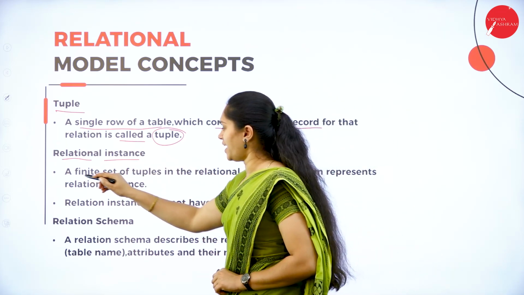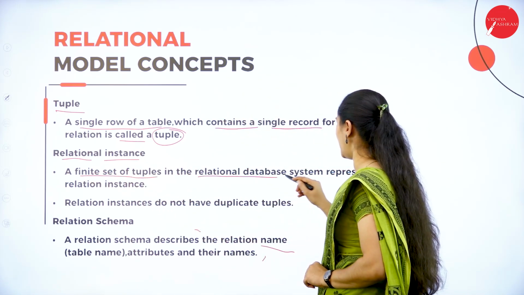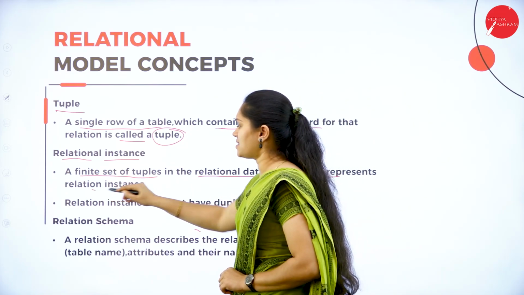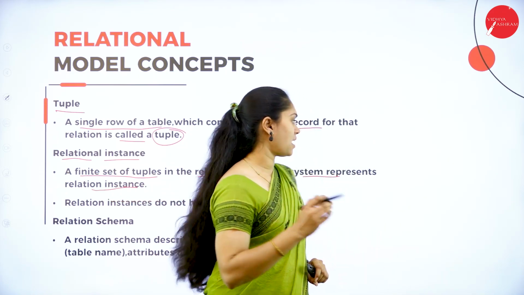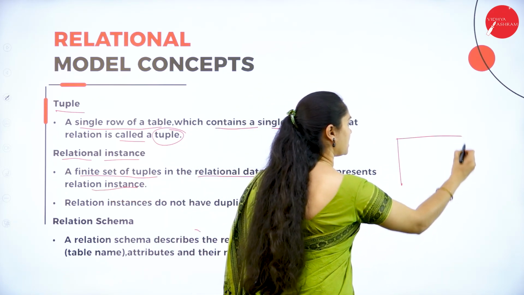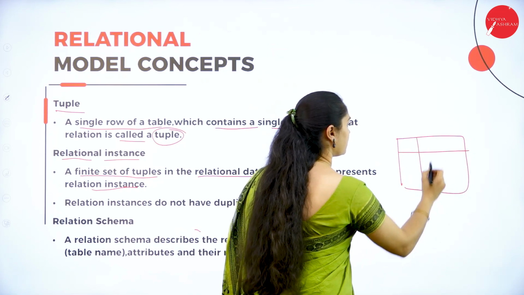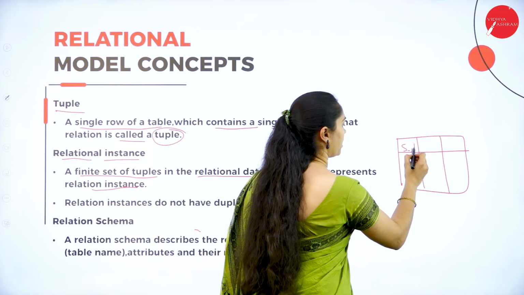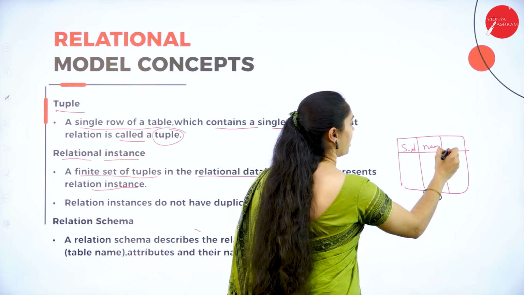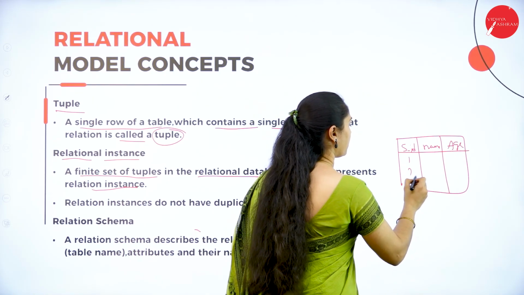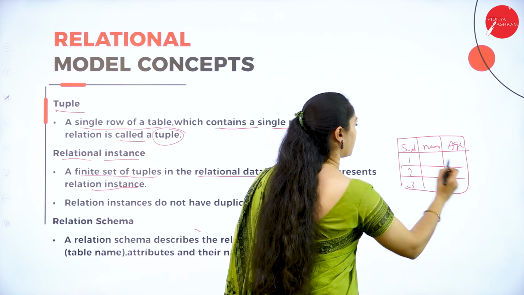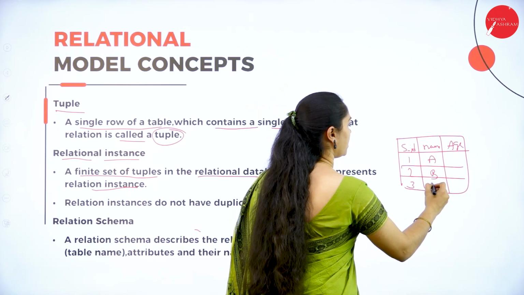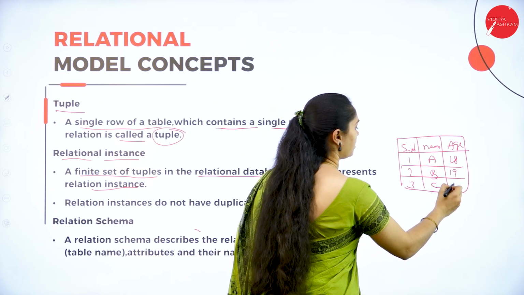The finite set of tuples in the relational database system represents the relation instance. For example, if you take the student example again, that comprises Student ID, name, and age. So let me consider 1, 2, 3, and here we have names ABC and ages 18, 19, 19.